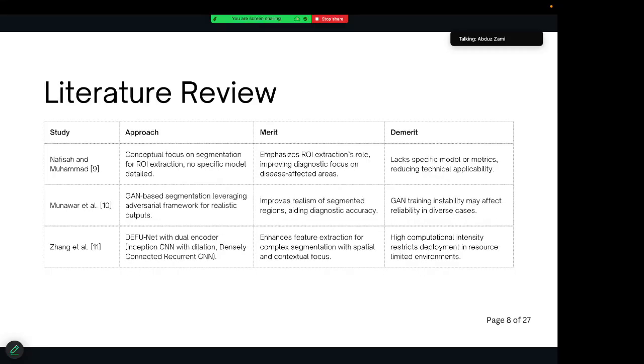Some also used GAN-based methods, generative adversarial networks. All of them have some limitations, like GANs can sometimes generate synthetic images, but we can actually ignore their limitations because all of them achieved very competitive and satisfactory scores. So our goal was to improve their segmentation scores a little bit more.